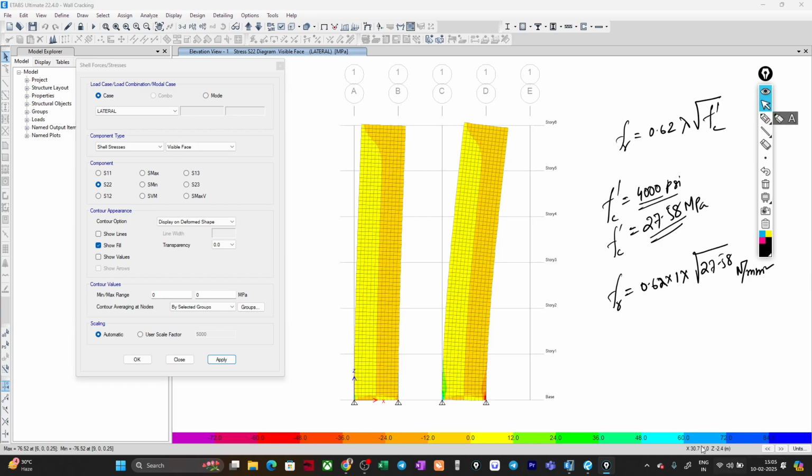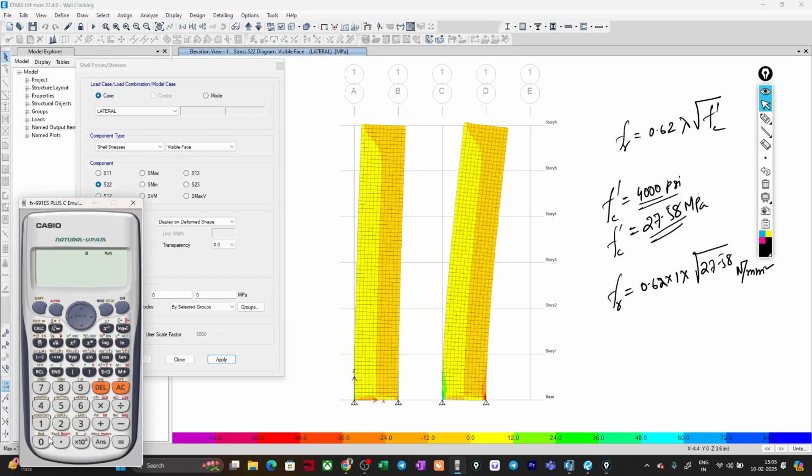So let us calculate this. 0.62 multiplied by 1, we do not require that. Root under 27.58. Okay, so we are getting 3.26 Newton per mm square. So this is my modulus of rupture, right?